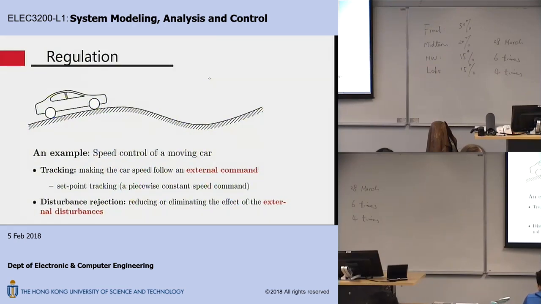We cannot drive too fast, we cannot drive too slowly, right? So we have a desirable speed. Suppose that the speed is constant, say 100 kilometers per hour. The road goes up and down.